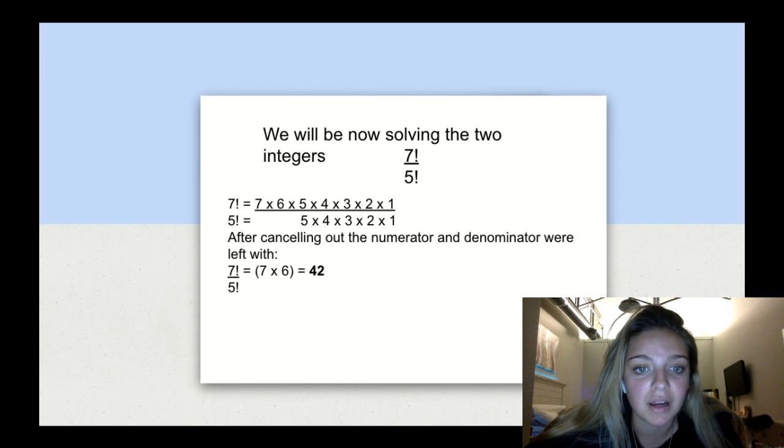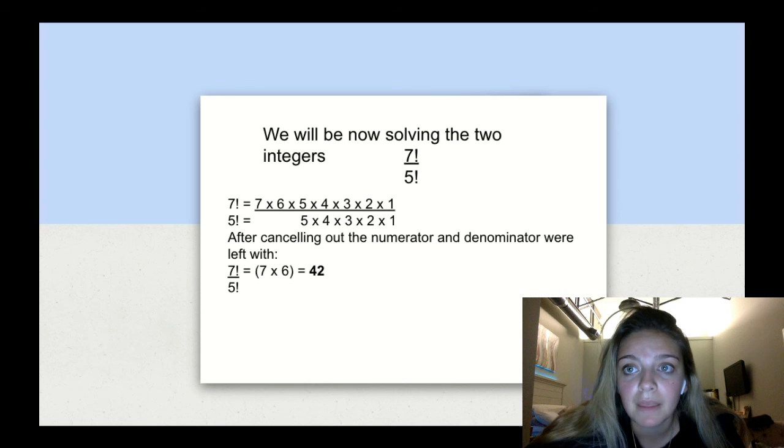After canceling out the numerator and the denominator, we are left with 7 times 6, and if we multiply that, we find 42 is the answer to this equation.